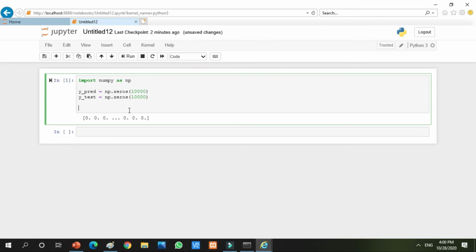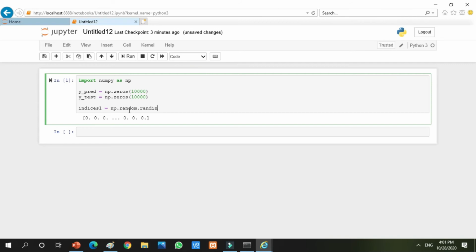Now I am making another variable. What is that variable? I am writing indices 1 equals np.random.randint.